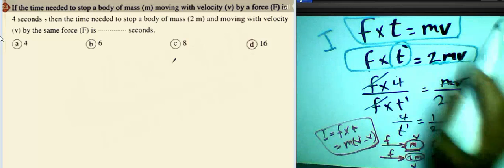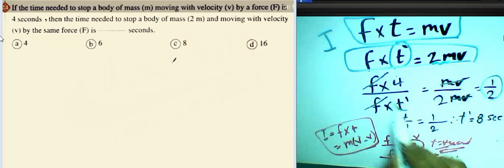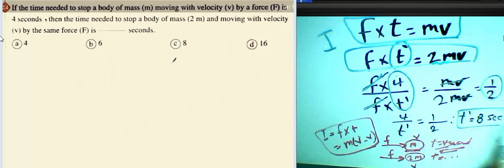We divide relation 1 by relation 2. The result will be 1 over 2 equals 4 over t dash. We cancel F by F, therefore 4 over t dash equals half, then t dash will be 8 seconds. So the time needed to stop a body of mass 2m moving with velocity v by the same force equals 8. Choose letter C.